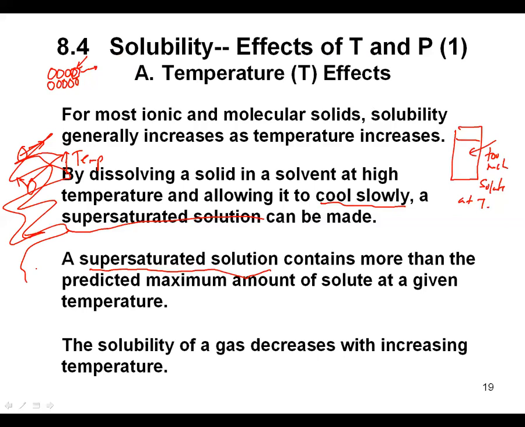So the solubility of gases decreases when you increase the temperature. The opposite is true if you decrease the temperature. Those gas molecules, I'll just exaggerate here, are now flying around a lot slower, and they're near each other for a longer period of time because they don't have as much energy. So they stay mixed for a longer period of time as well.